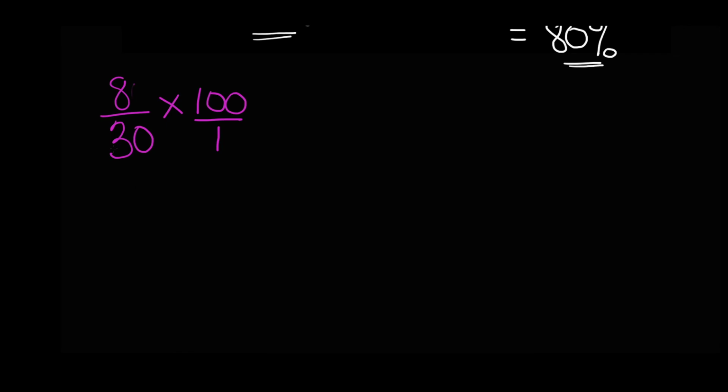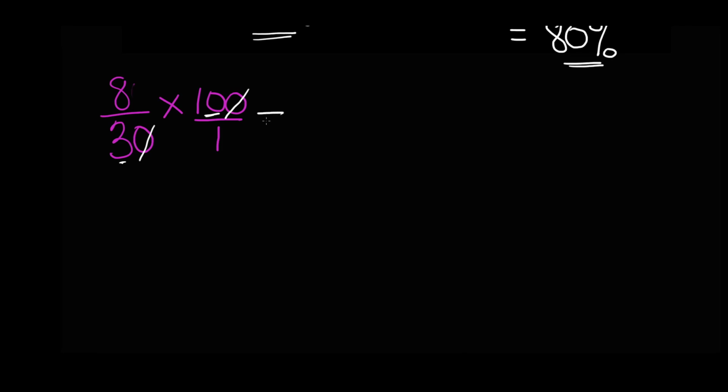Therefore, I can say 10 in 30 is going to be 3. 10 in 100 is going to be 10, right? Or otherwise, you can just say 0 cancels 0, which simply means 10 in 30 is 3, 10 in 100 is 10.